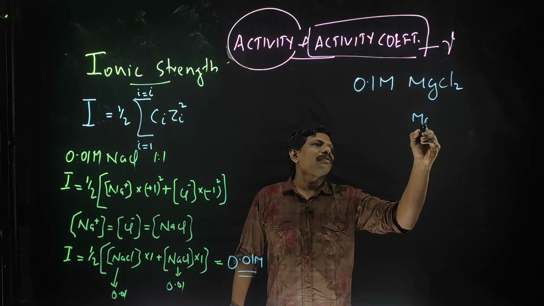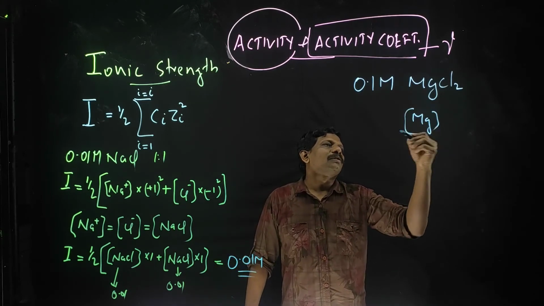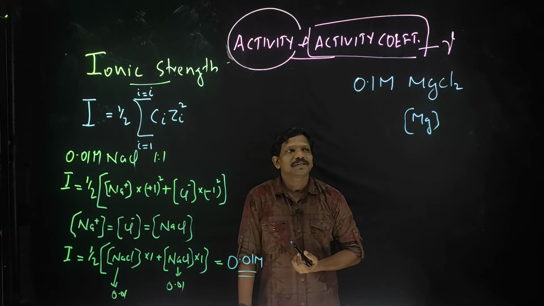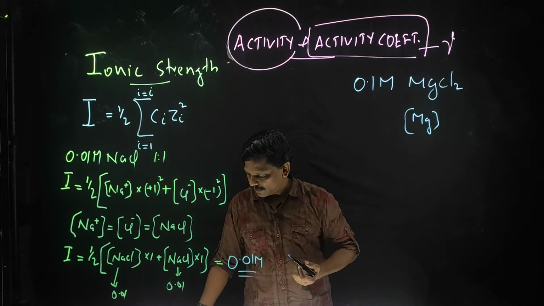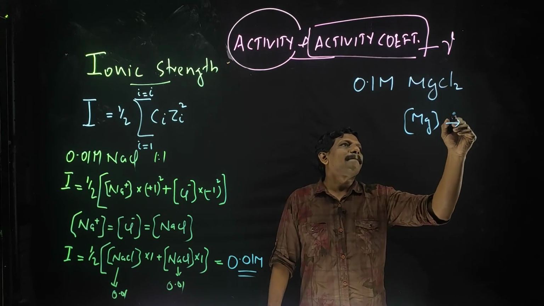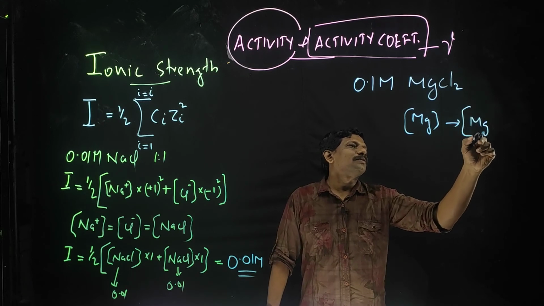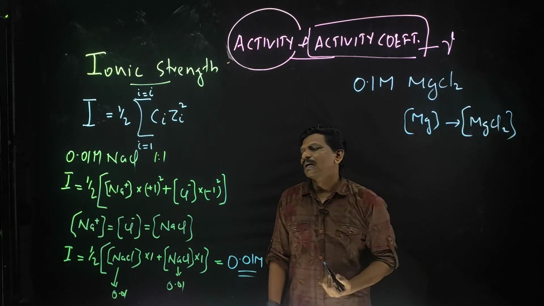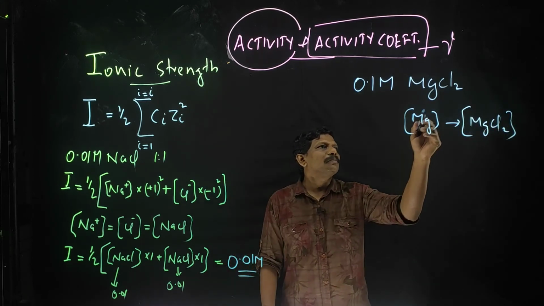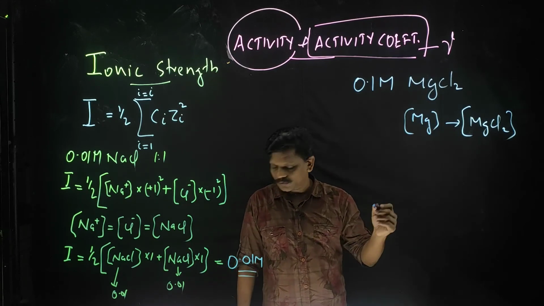Here you have the concentration of the Mg part, which you can write as MgCl2.